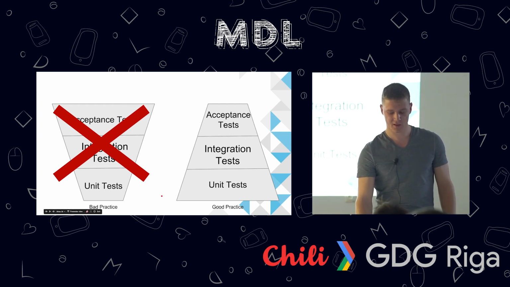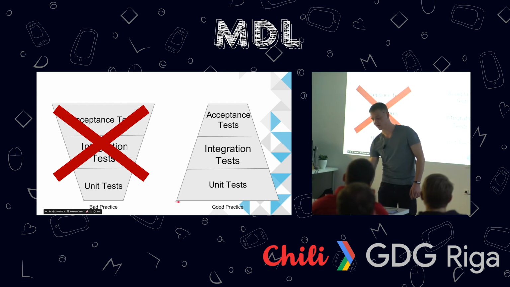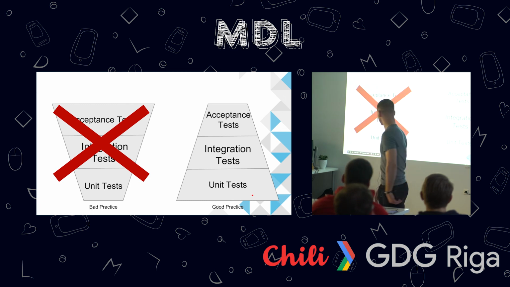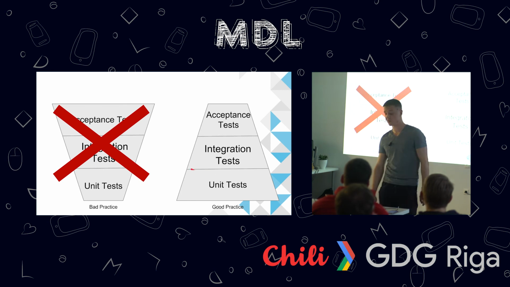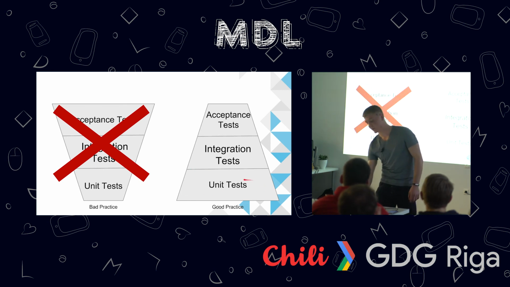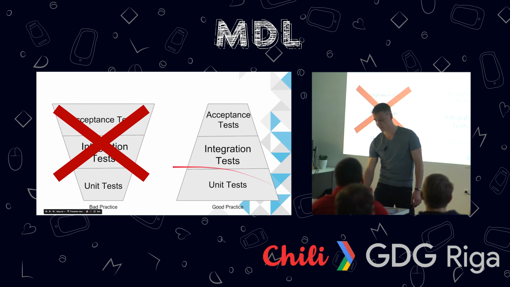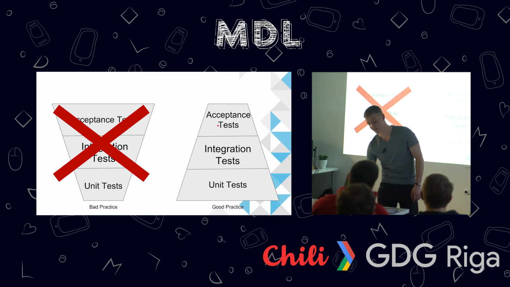So let's take a look at good practice: how the tests should be structured and how many of them we should create. We can see at the bottom are unit tests, which are the base of everything. That's why they need to be created a lot, and that's why developers have to do that. The next step is integration tests, which are fewer than unit tests, but still there are a lot of them, and then the acceptance tests.